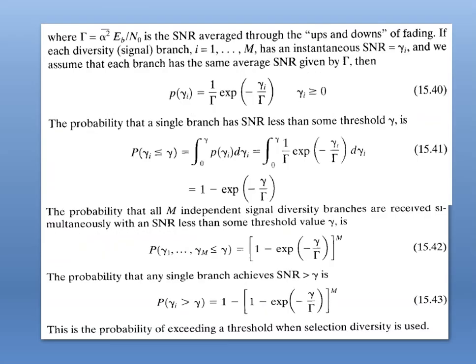In the above expression, tau is equal to alpha square multiplied by Eb by N naught, which is the average SNR through ups and downs of fading.